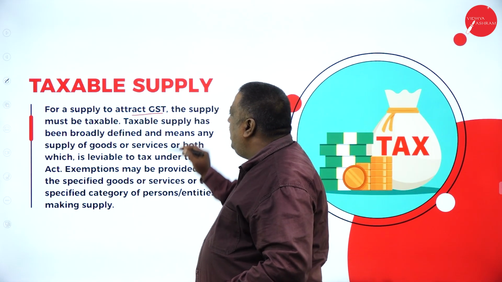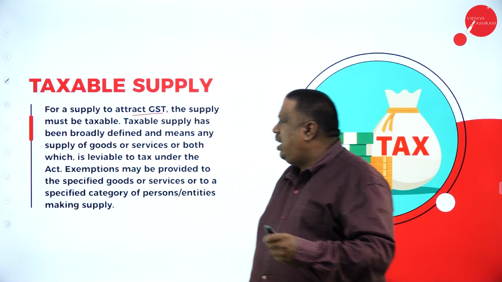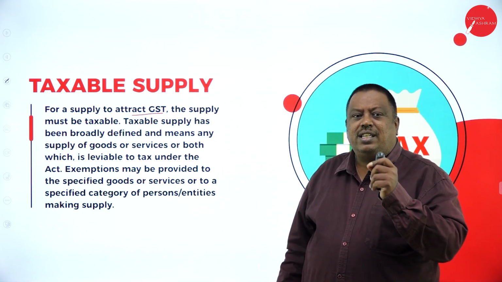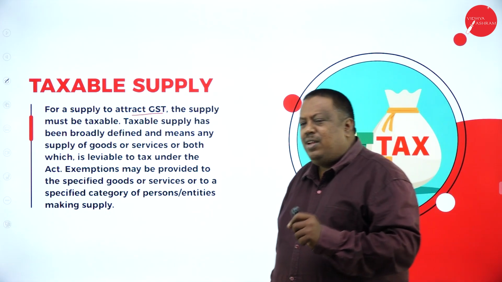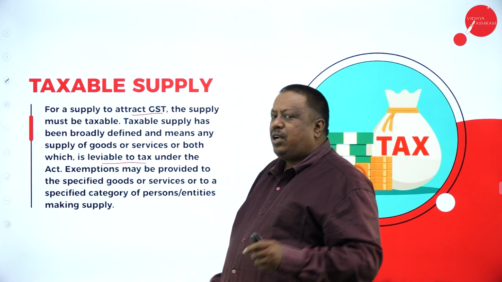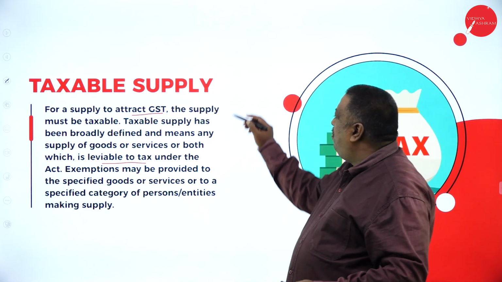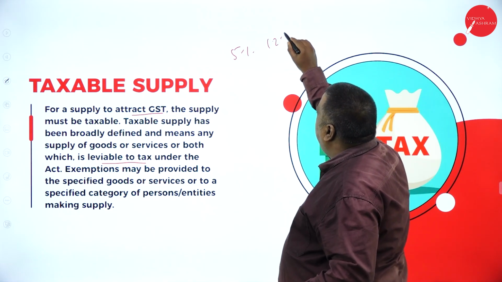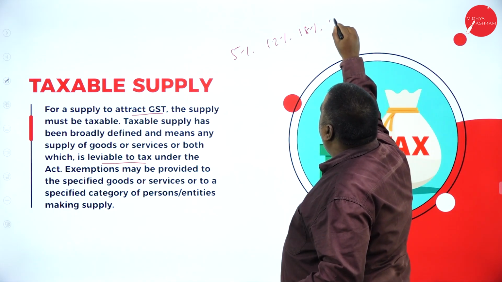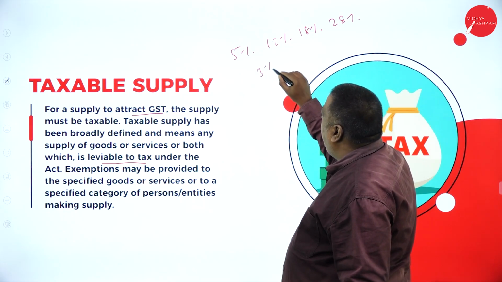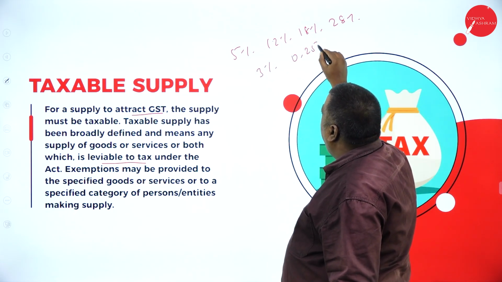Taxable supply. Any supply which you make here should come under the category of tax. For example, the rates of tax we have are 5%, 12%, 18% and 28% for all goods, and 3% and 2.5% for diamonds and others.